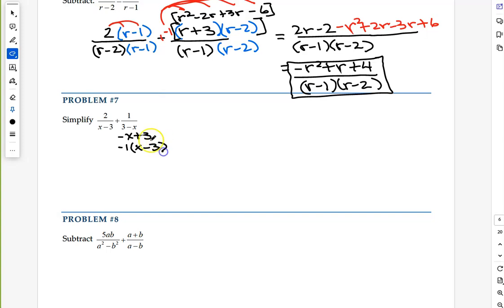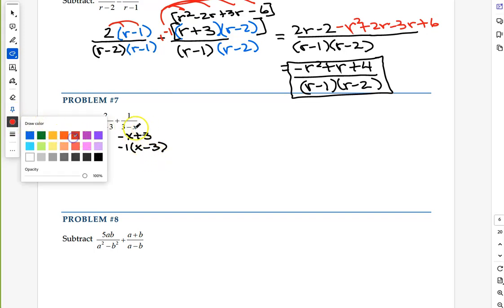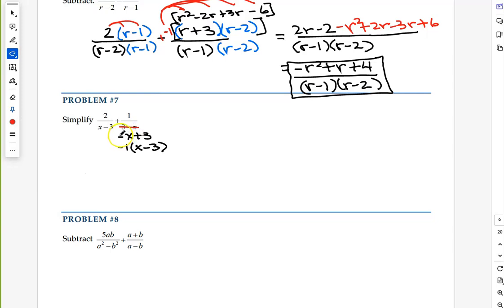x minus 3, right? If I do negative x divided by negative 1 gives me x. 3 divided by negative 1 gives me negative 3. All right, so I'm just going to put some lines through this because this is really my factor denominator that I want to look at. And so if I take a look at this one and compare it with the first one, what is the first one missing that the second one has?